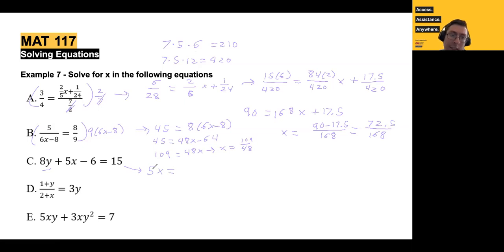So we'll have 5x equals, we'll add 8y over, subtract it. 15 minus the 8y, and then plus 6 when we add that over. So x is just 15 plus 6, 21 over 5. So that's how we solve or isolate x.